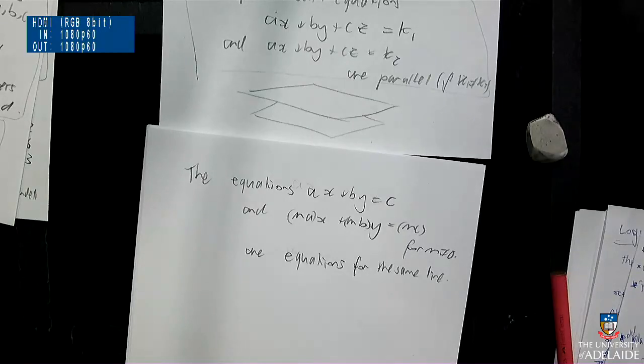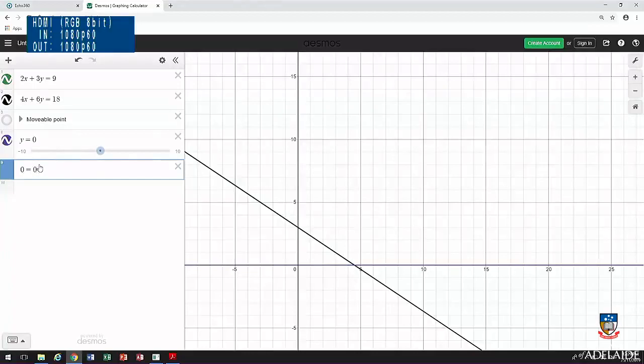Because, of course, if m equals 0, you get 0 equals 0 and everything satisfies that, and that's the entire plane. I always wonder what would happen if I wrote that in Desmos. Nothing. It's too clever.